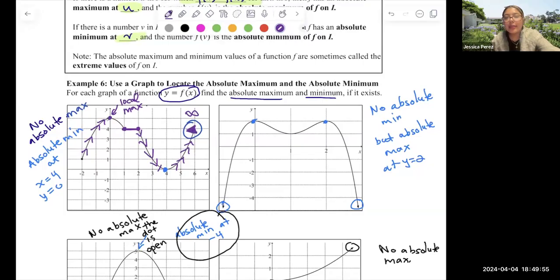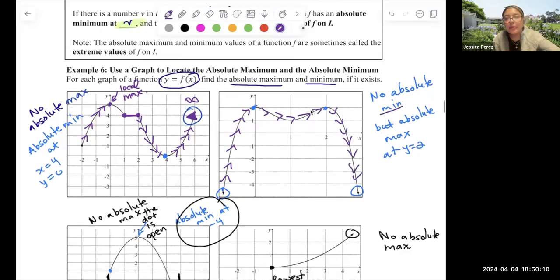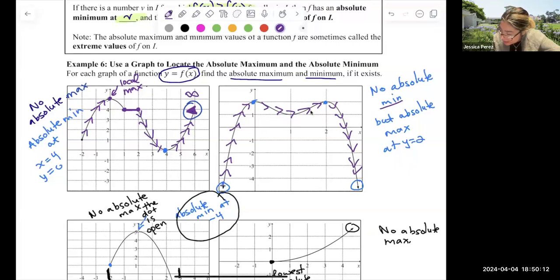Similarly, if we look at the next one, see how this one is up, and then there's a point, and then down, and then up, and then down again. There is no absolute minimum value. Why? Because they are always decreasing. No absolute minimum, because it's always going to negative infinity.